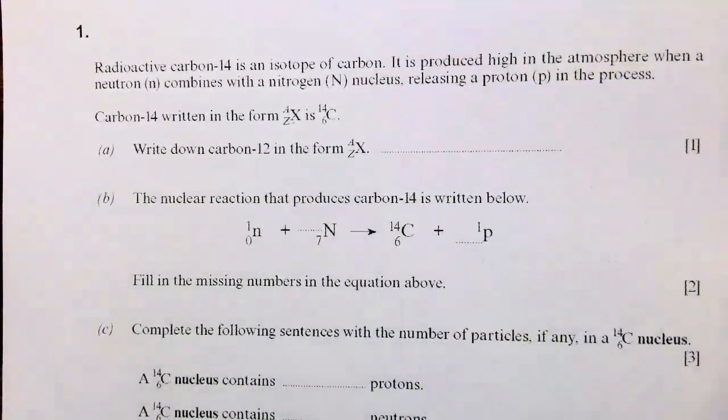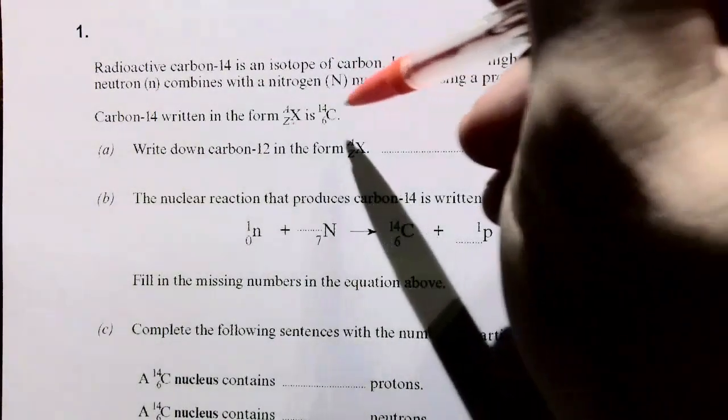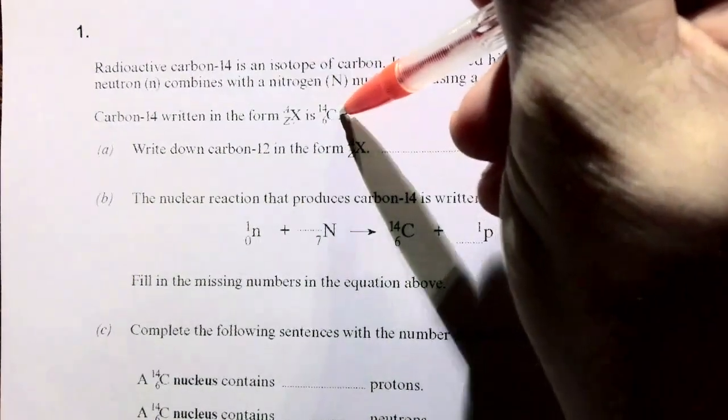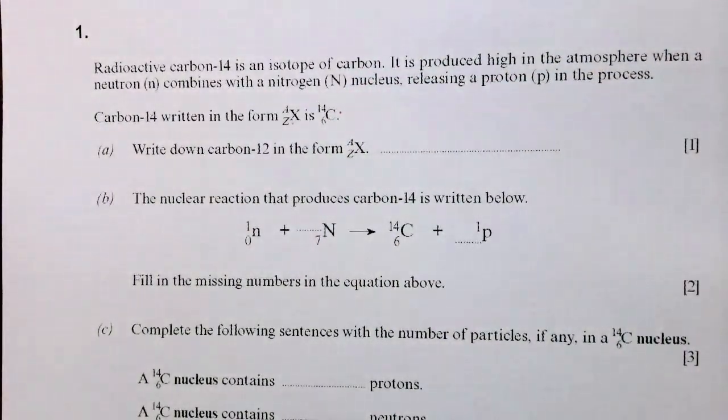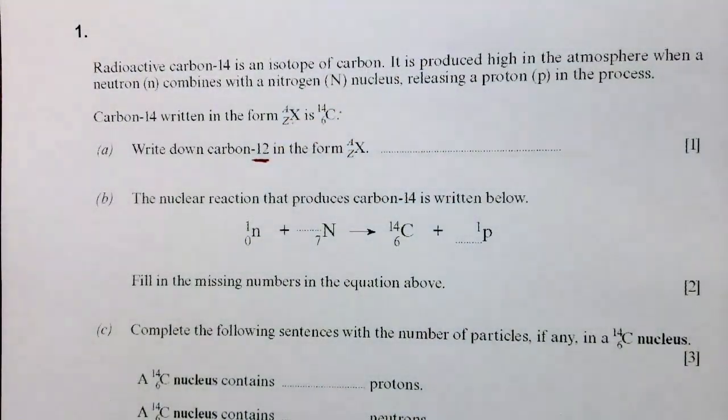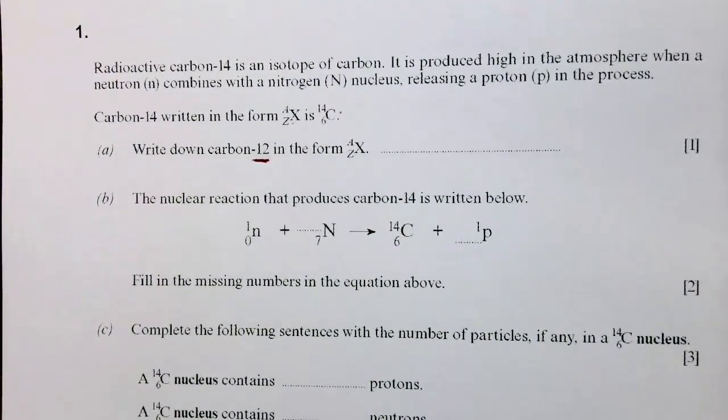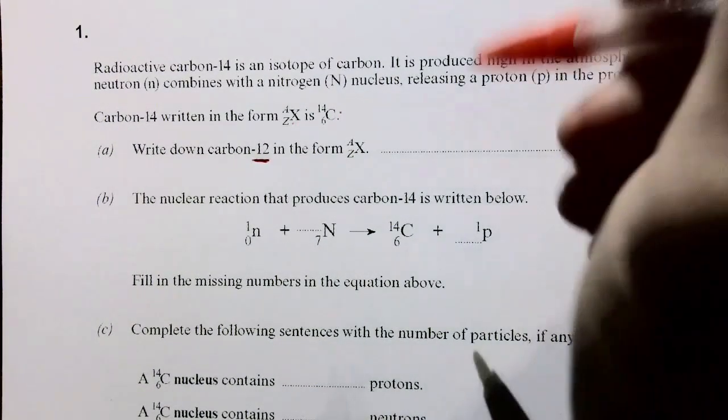Just as a little bit of revision for us, remember, this is the symbol. That's the carbon part. The bottom number is the atomic number, and the top number is the nucleon number. So write carbon-12 in the form A Z X. Whenever you see the 12 in carbon-12, it refers to the nucleon number, or the top number.